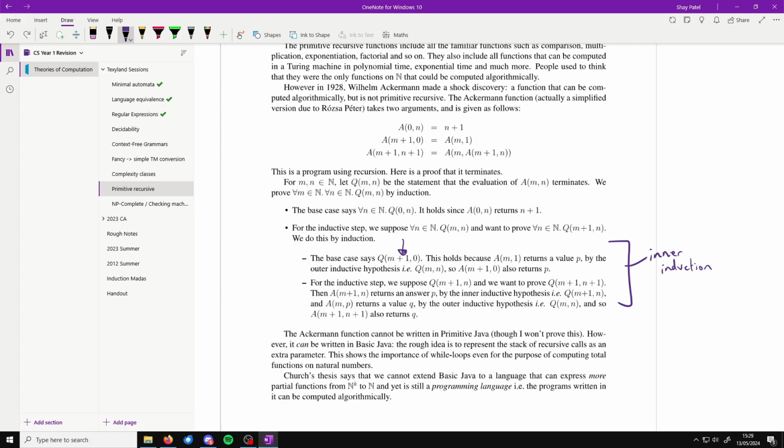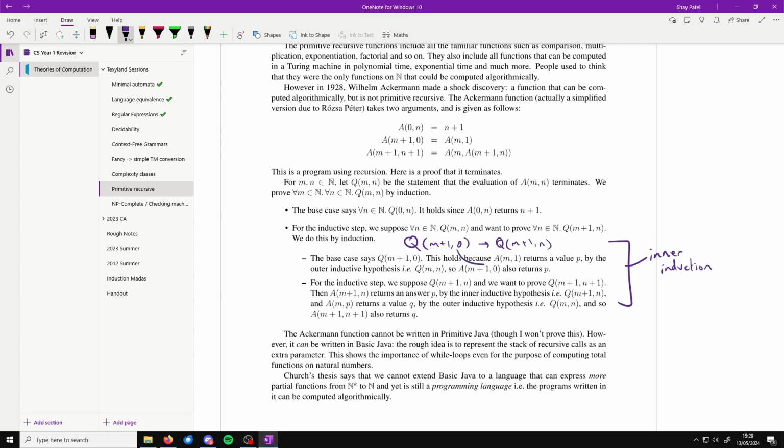And so if our m value is the same and our n value is lower than this n, then we're proving that, because that's basically saying Q of m plus 1, 0 implies Q of m plus 1, n.